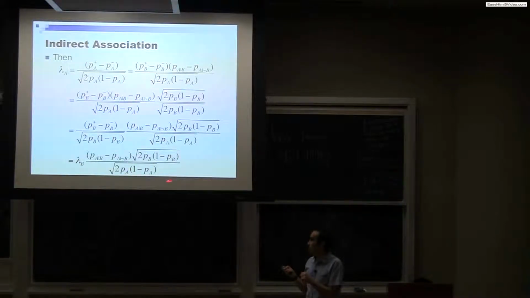This is probably always going to be, in absolute value, less than or equal to 1, right? Okay, we'll see that in a second. Does that make sense? I'll show an example.